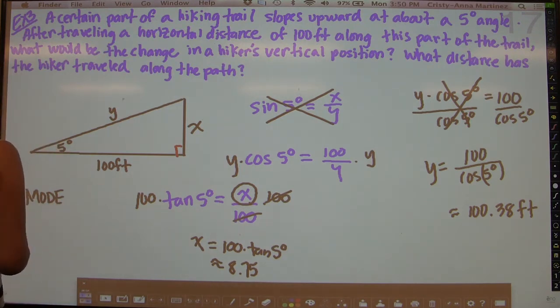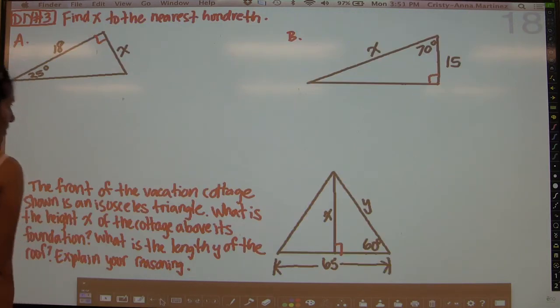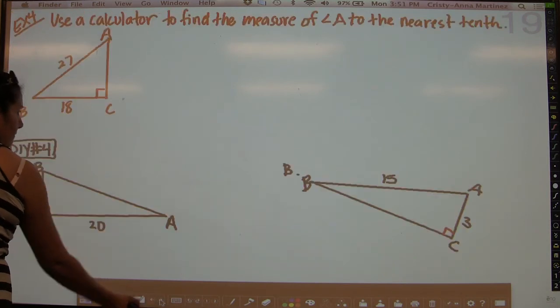So that is how you find missing parts of a right triangle using your trig ratios. Now we're going to have you try these 3 scenarios, and we're trying to find the x. And then we're going to go to example 4.